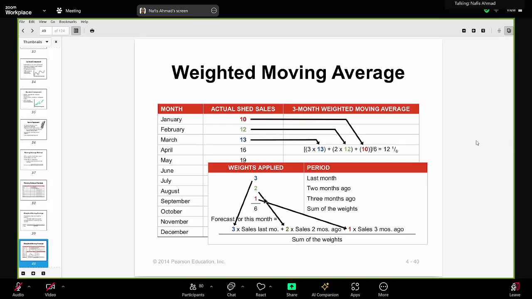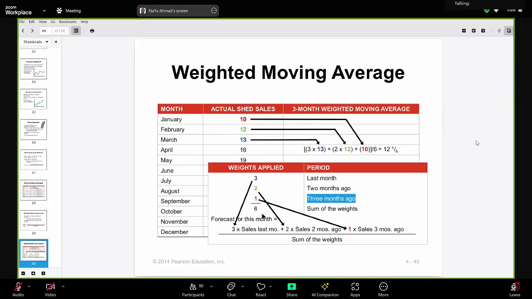Let's say, for example, you are asked to give weights like this: 3, 2, 1. 3 for last month, 2 for 2 months ago, 1 for 3 months ago. These are the three weights we are using with the data. Now the total weight is 6.